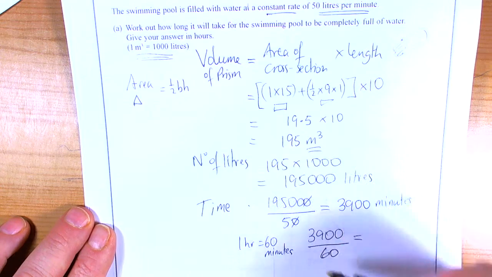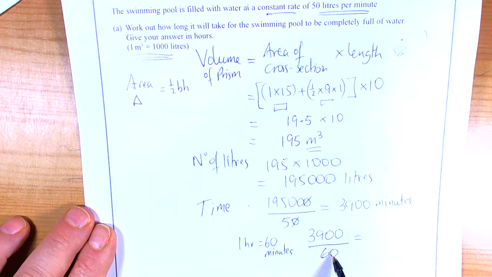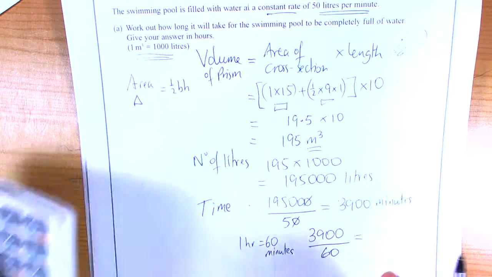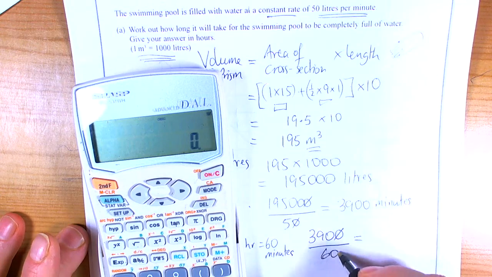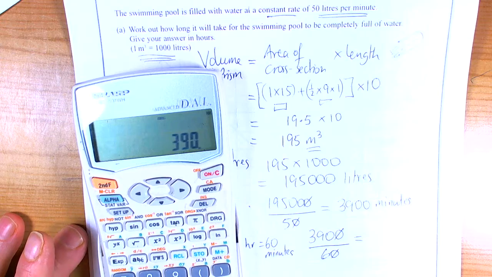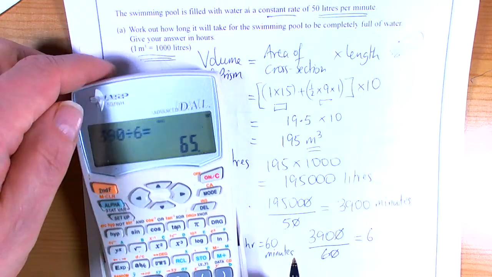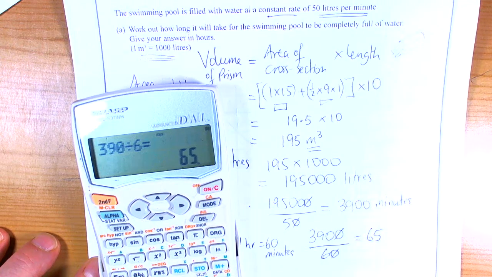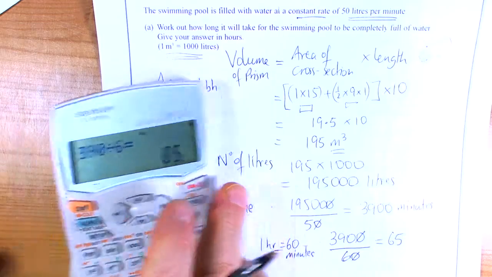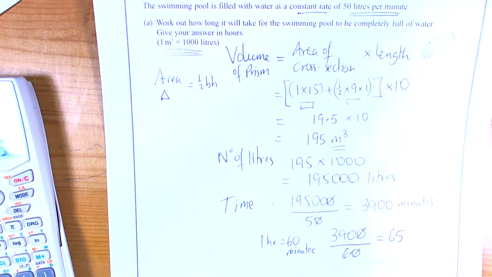Worth 5 marks, so it's worth spending a bit of time. And 3,900 divided by 60 is a nice number, it's actually 390 divided by 6. So 390 divided by 6, so 65 hours. So it's going to take 65 hours to fill up this swimming pool. So a couple of days or so.